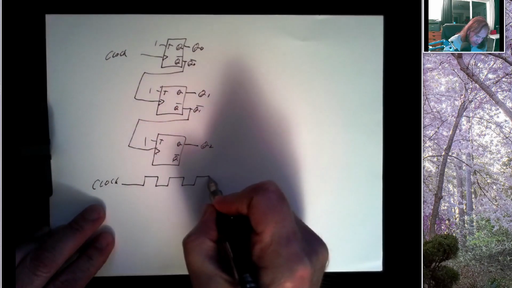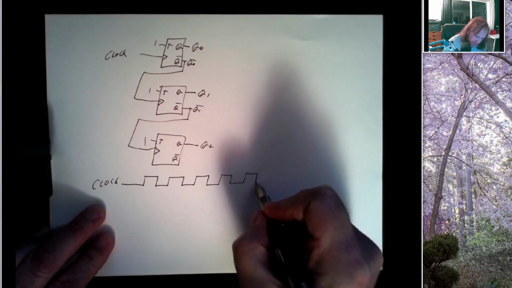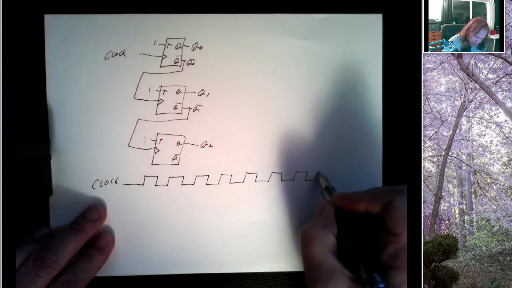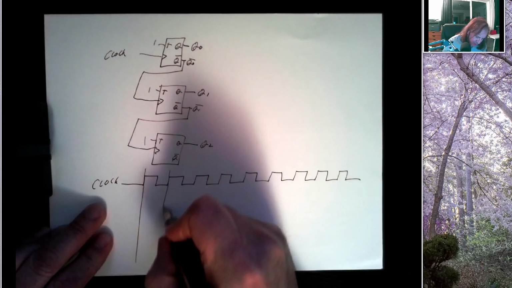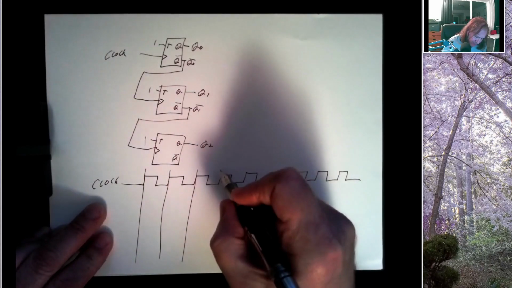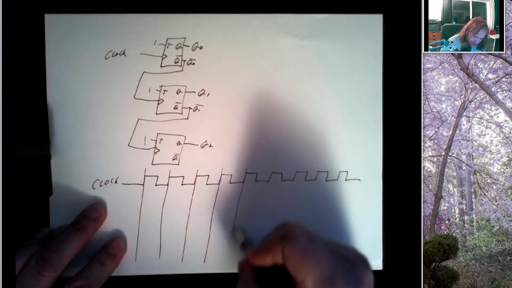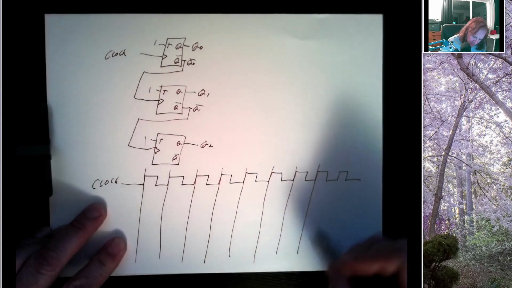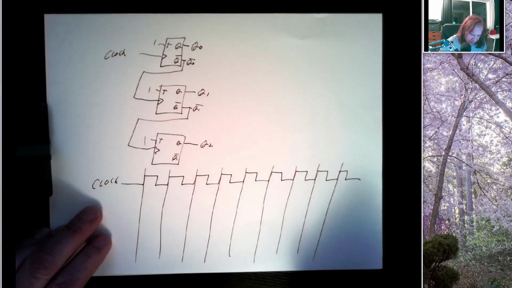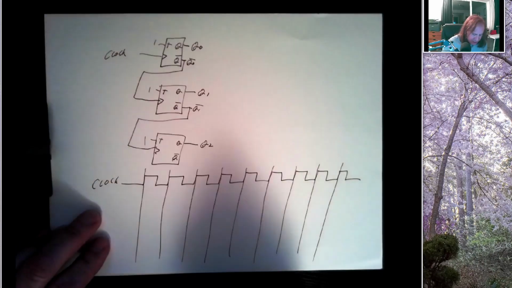So here's our clock. This is where graph paper is your friend. This is why you have graph paper in your notebooks, because we're going to draw lots of timing diagrams. So the T inputs are always 1.